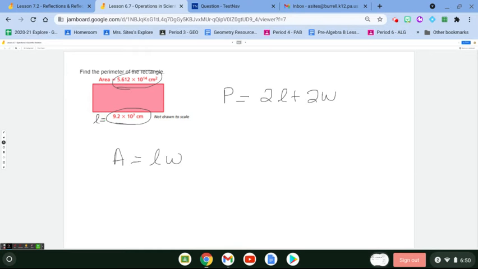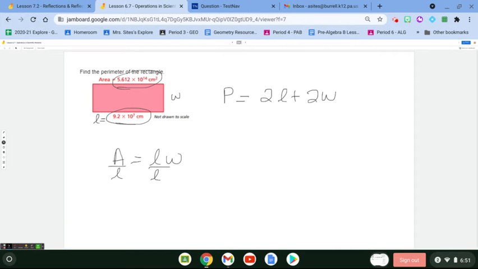I can get the width to help me get my perimeter, and I can do that by dividing by my length. So right now, what I want you to do, and this is like a baby step to get your perimeter, is let's first try to get our width.